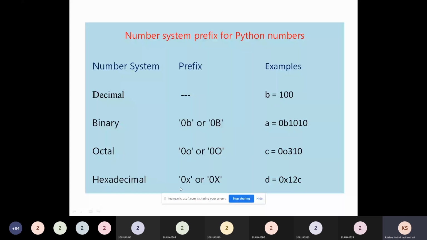Next, hexadecimal. The prefixes are 0 small x or 0 capital X. See the example, D equal to 0 small x 12C. Hexadecimal has 16 digits.